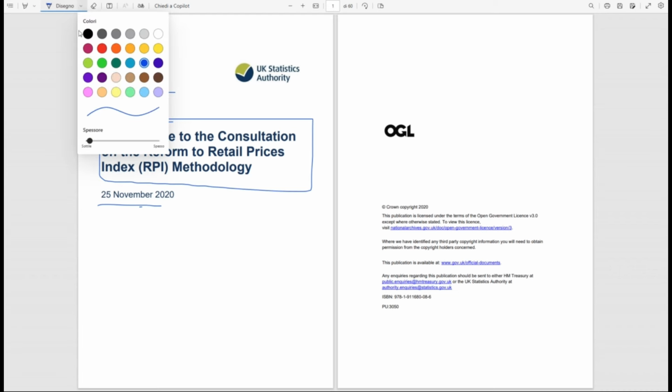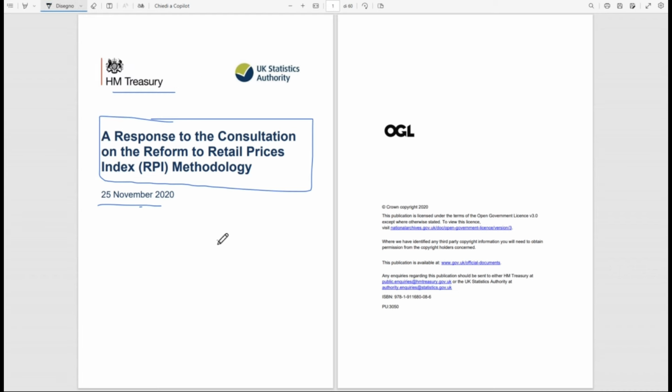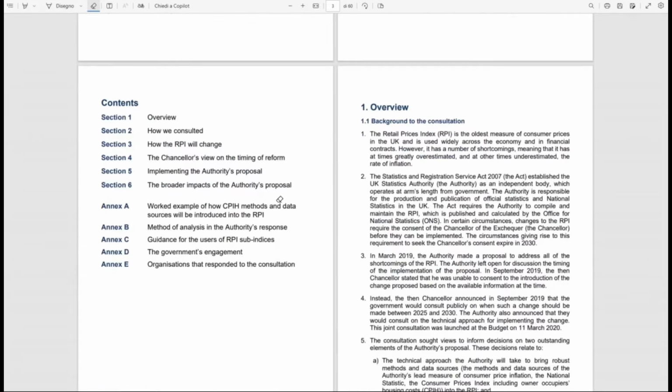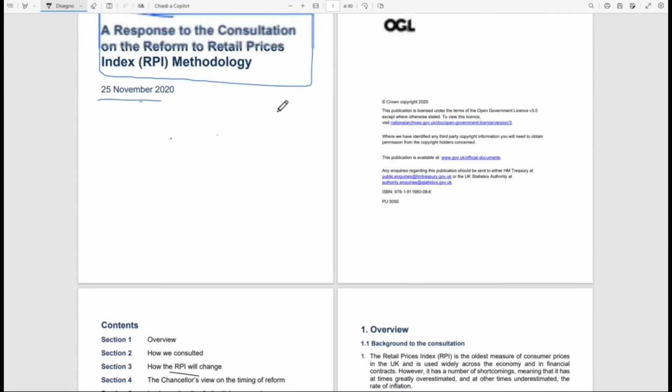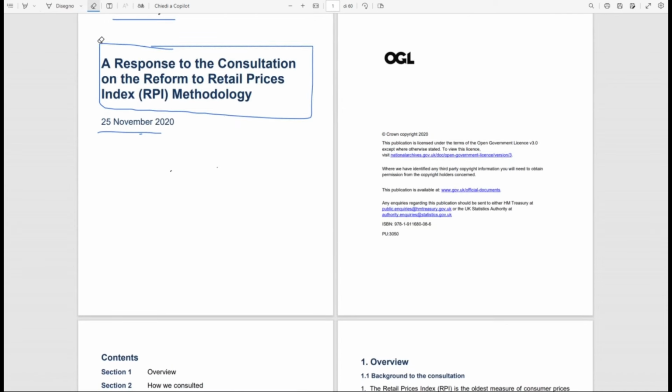This discussion started in 2012, when they had the first paper discussing how to change the inflation gilts index from RPI to CPI. And still it hasn't been done. So this is a problem of mismanagement.